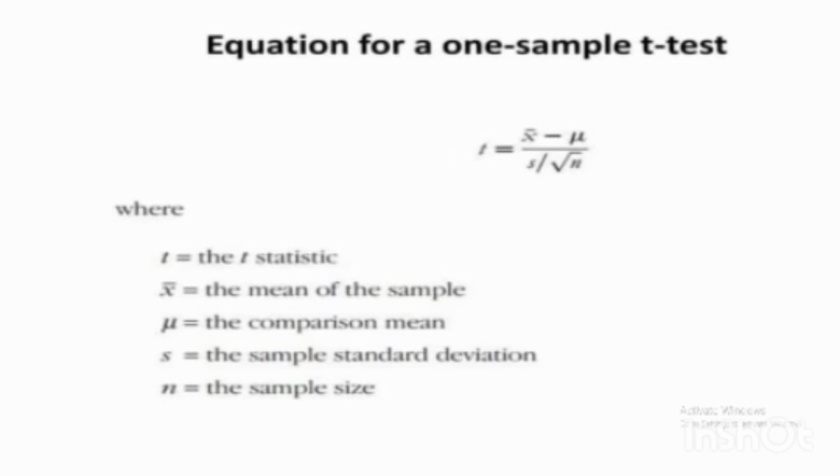The equation for the one sample t-test is t is equal to x bar minus mu, divided by s by root n, where t is the t statistic, x bar is the mean of the sample, mu is the comparison mean, s is the standard deviation, and n is the sample size.